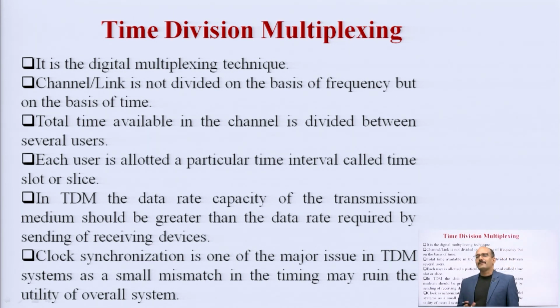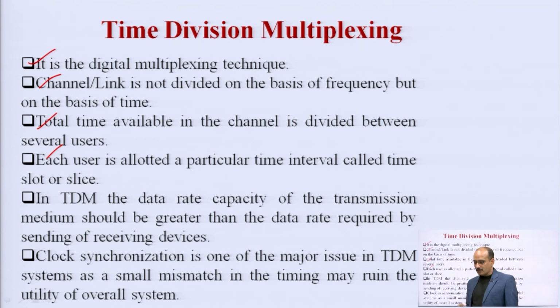As FDM was an analog scheme, time division multiplexing is a digital multiplexing scheme. In this scheme, the channel is not divided on the basis of frequency, but on the basis of time. The total time available in the channel is divided between the several users.